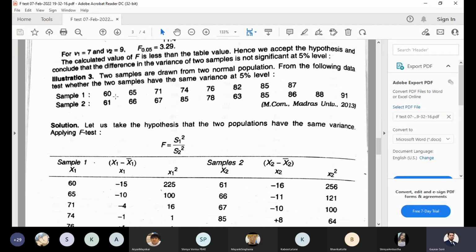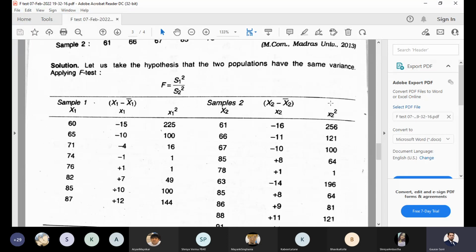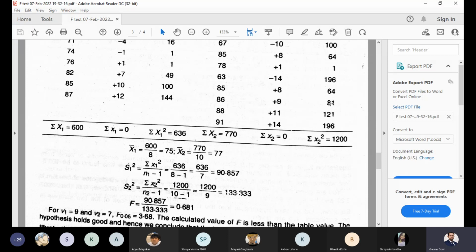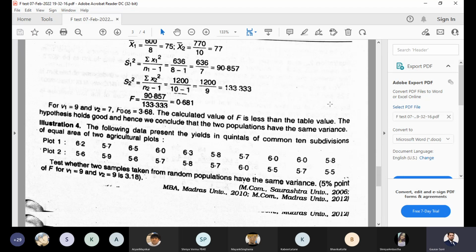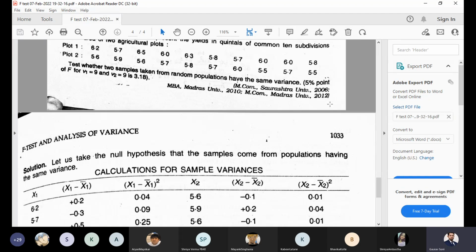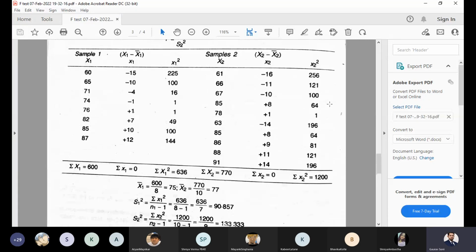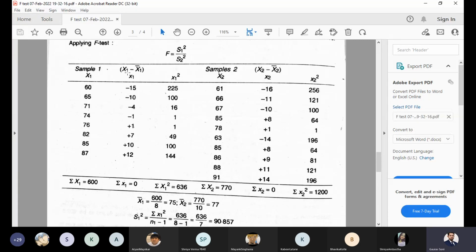Okay, again we have two samples given. The sample size for the first one is 9 and for the second sample it is 8. So we have s1 square, s2 square. I think this is the same example again. No, it's not the same. So x1 minus x1 bar turns out to be 0.